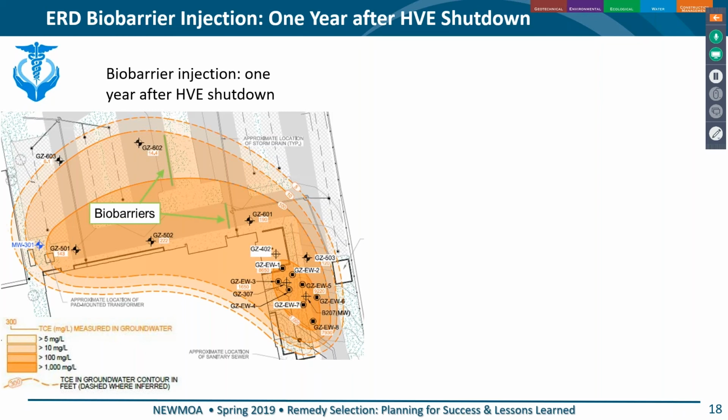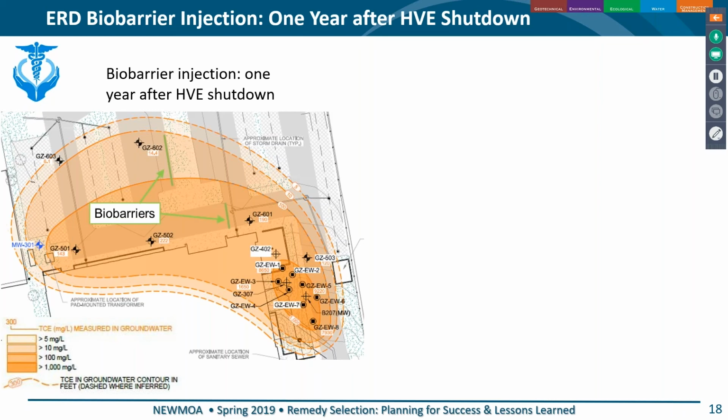The particles all have a polymeric coating on them that biodegrades over time, so for a few weeks the product will move with the groundwater, and then as the coating degrades, it drops out and sticks to the soil, sticks to itself, and basically becomes an in situ reactive barrier.